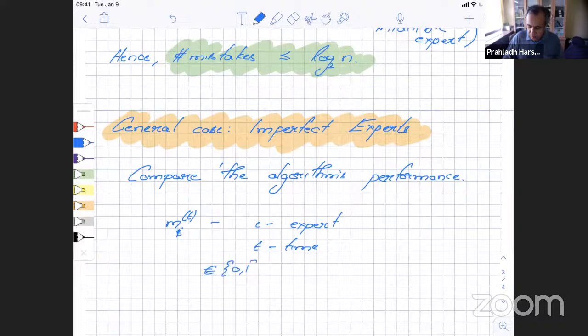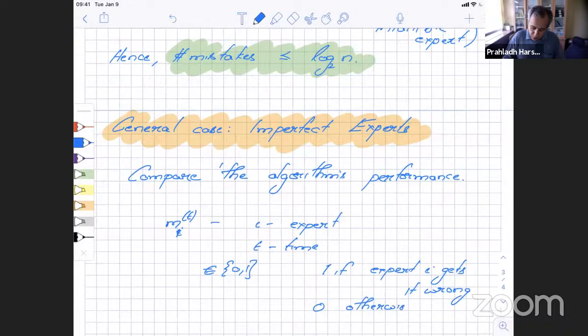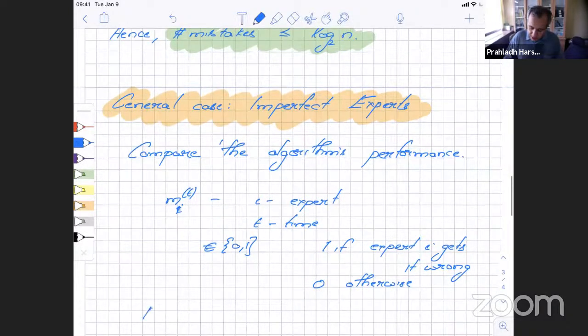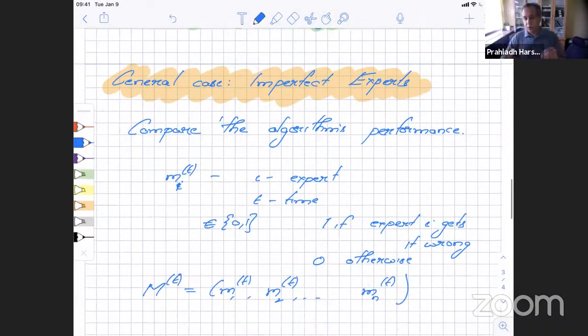It's 1 if expert i gets it wrong, and 0 otherwise. So it's the loss vector. At every time step you get this vector. At the end of the game, you get this vector M^t, which is M_1^t, M_2^t, up to M_N^t. They make a prediction, and at the end of the day, you see their actions and whether there's a loss. It's a Boolean vector, a bunch of 0s and 1s.